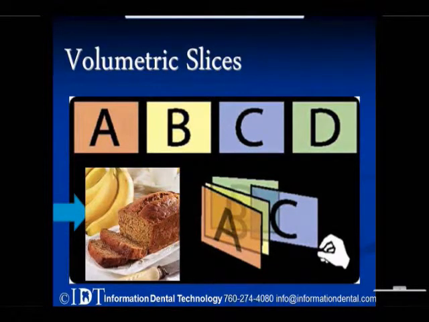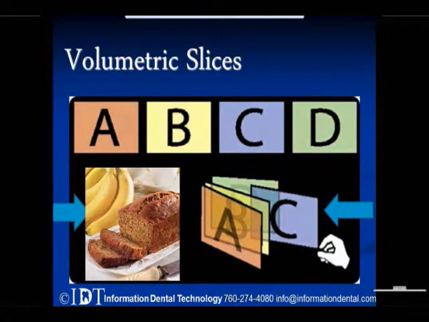On a loaf of bread, we can slice it at any thickness. We can do 1 inch thick, we can do a half inch thick, and we create all of these slices. With cone beam or volumetric slices, our typical standard is a 1 millimeter thick slice. So we're going to slice that original stack, and you'll see here we sliced it, and we're pulling out the C from behind there.